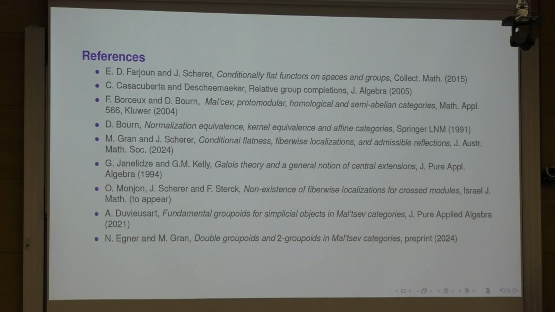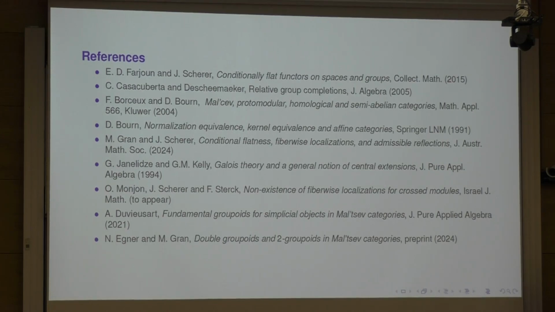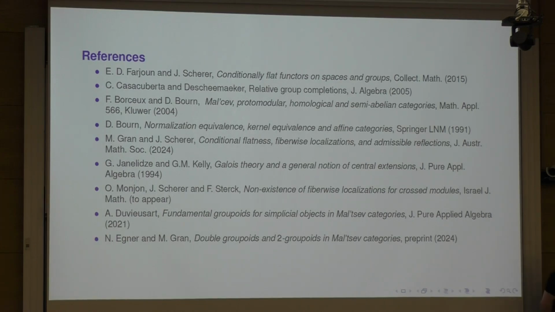And she asked me, do you know other conditions which distinguish those two categories, groups and crossed modules? Do you know any kind of conditions like that? Well, I don't actually, but there might be some very specific conditions that I've not looked at that are satisfied by groups but not by crossed modules. But this is, in my work, the first time I encountered this situation.